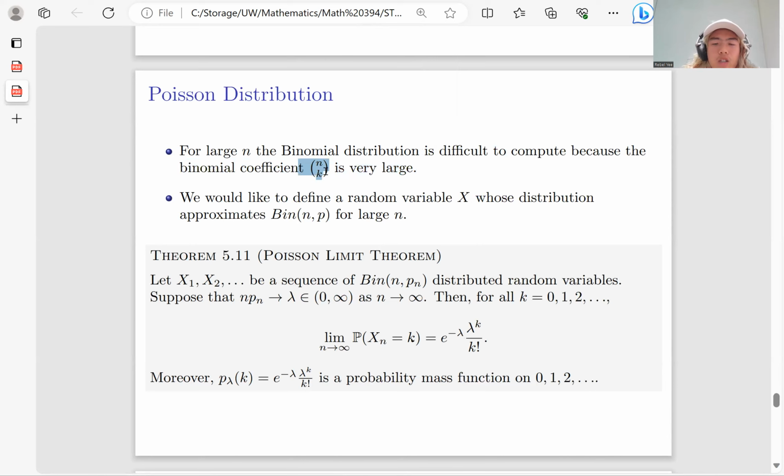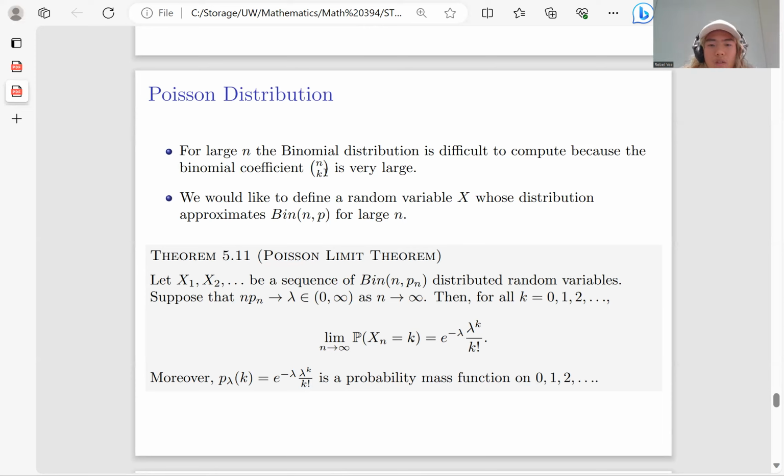We are not really able to calculate that, and even for your computer, it will be very heavy. So we want to find another way that doesn't contain the factorial, so it's easier to calculate.